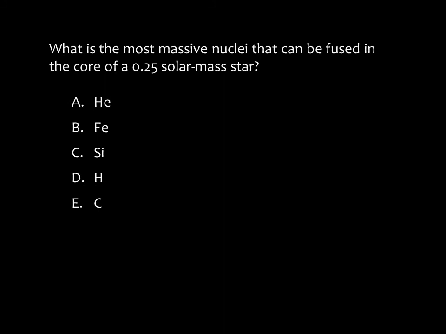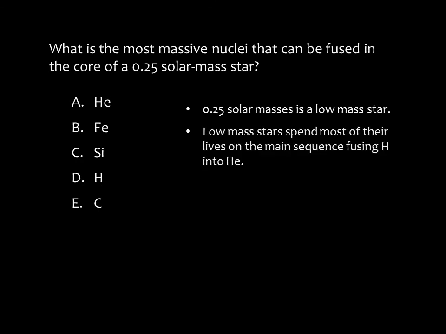This question is asking, what is the most massive nuclei that can be fused in the core of a 0.25 solar mass star? Well, 0.25 solar masses definitely qualifies as a low mass star, and low mass stars spend most of their lives on the main sequence fusing hydrogen into helium via the proton-proton chain.